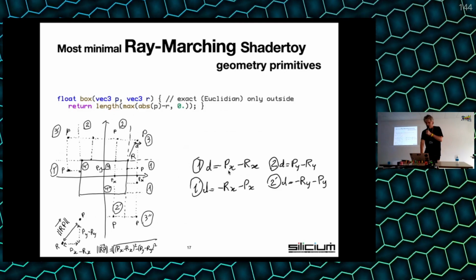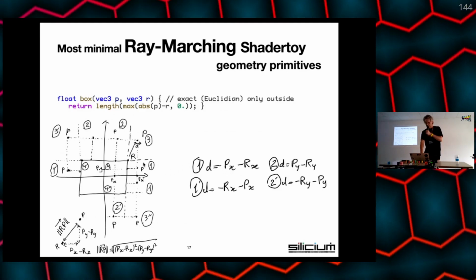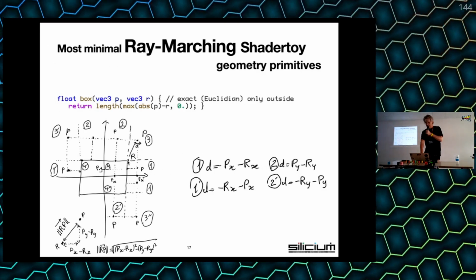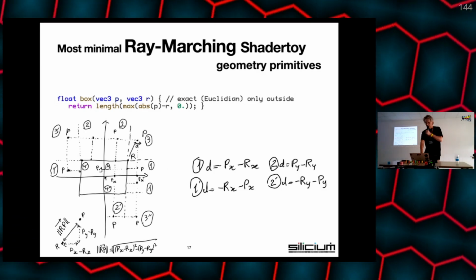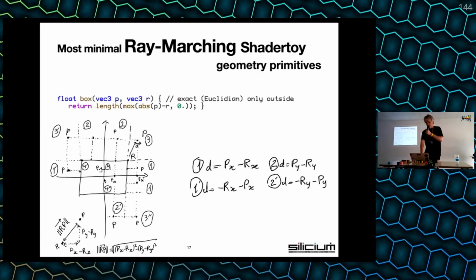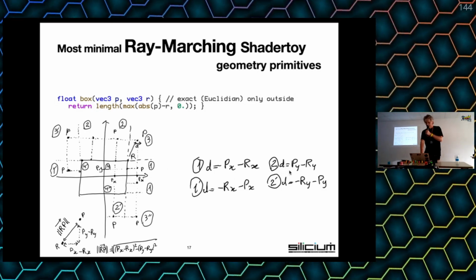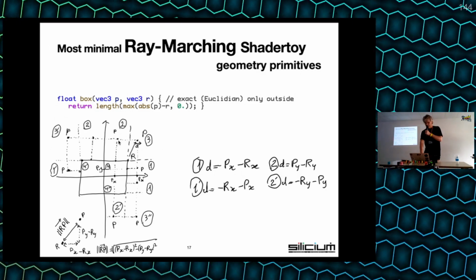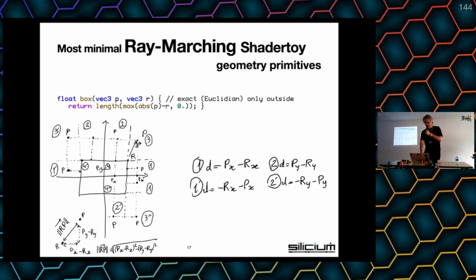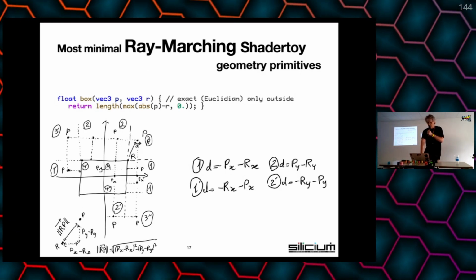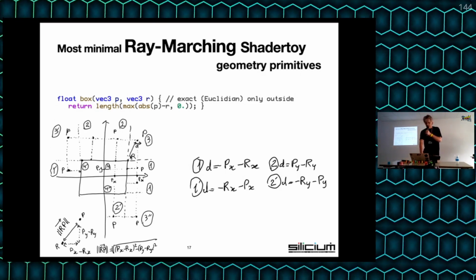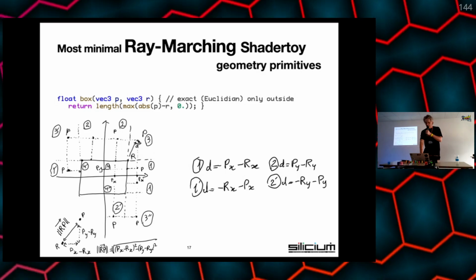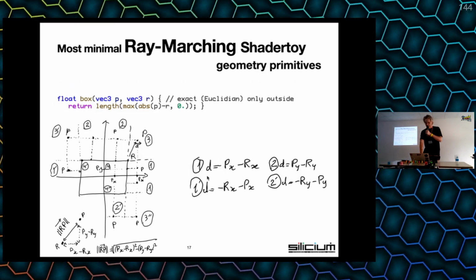Region 1, the distance will be the x coordinate of the point at which we interrogate minus the x coordinate of the rectangle. To make things simpler, we say that the rectangle is centered at the origin, of course. It's going to be the same by swapping x and y for this case. And this one is actually what you already know if you know what the length of a vector is. It's going to be the length of the vector from this point to the corner.